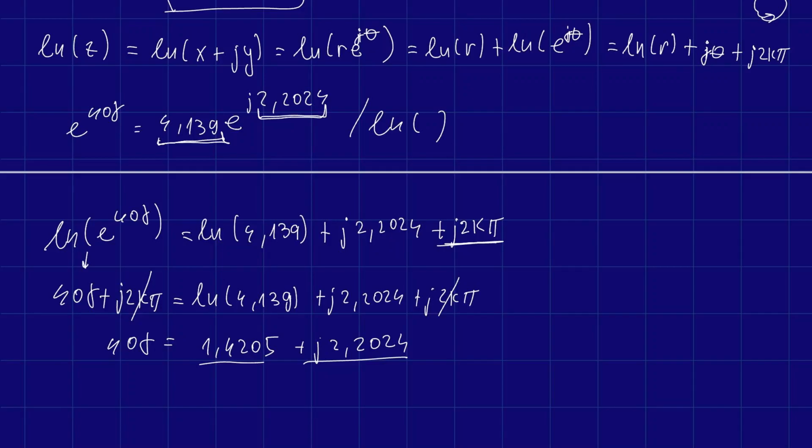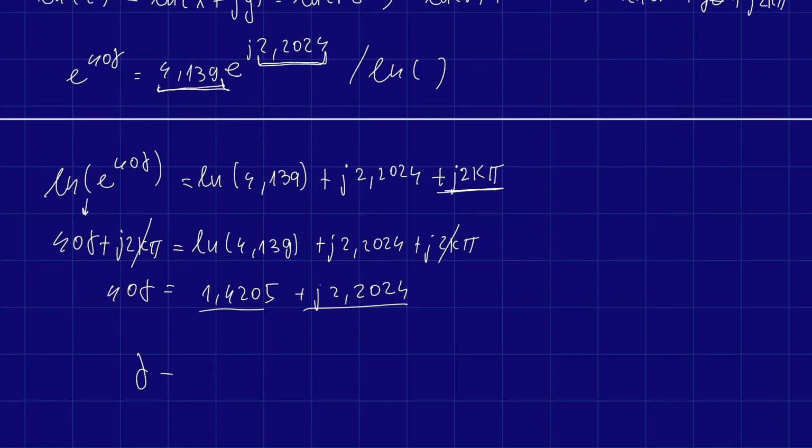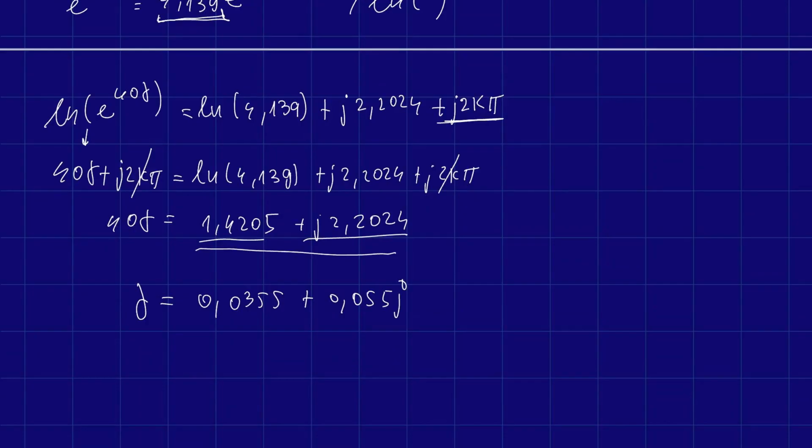So now we say that gamma is equal to this part right here divided by 4l, and we get 0.0355 plus this part right here, okay? But what is gamma equal to? Gamma is also equal to alpha plus j beta equals this. So now how do you solve an equation with complex numbers?